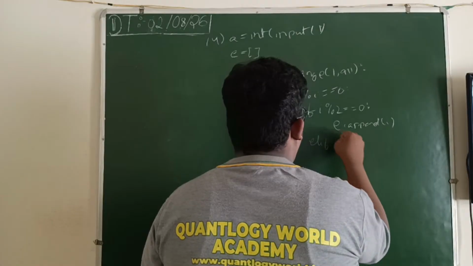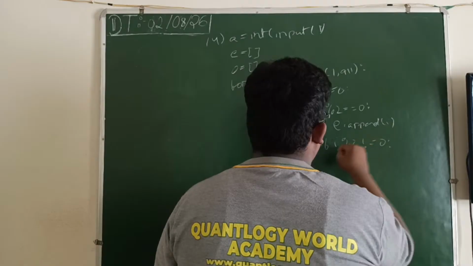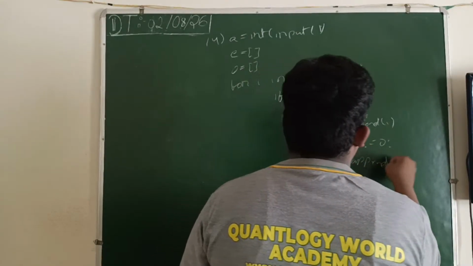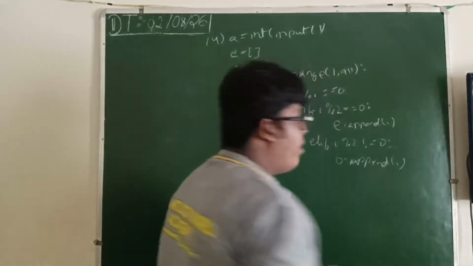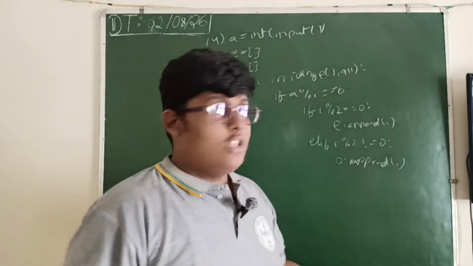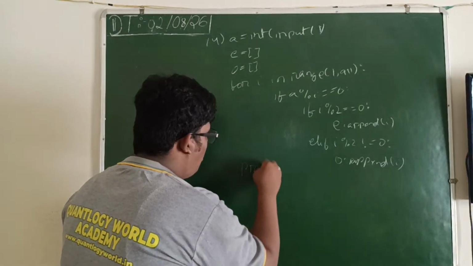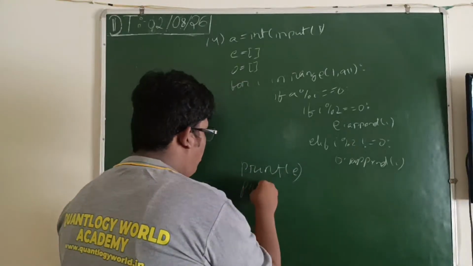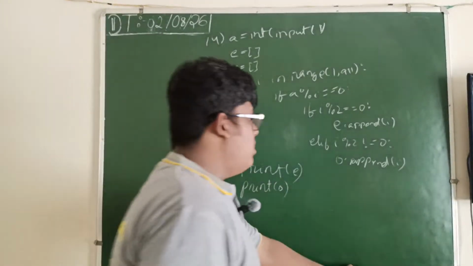Elif i percent 2 not equal to 0, O dot append i, means we are assigning the odd factors to the odd list, that is O. At last, outside the for loop, we will write print E and print O. This is the program.